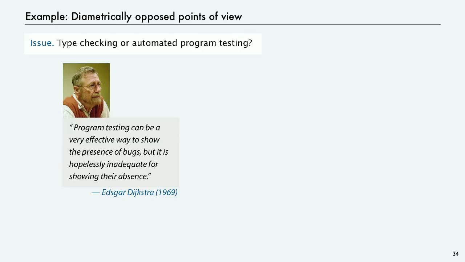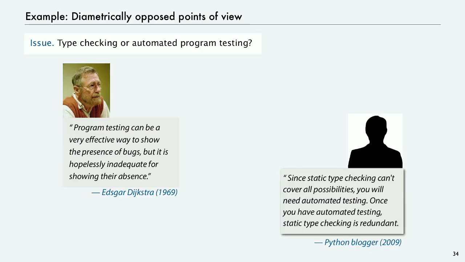It can be a very effective way to show the presence of bugs, but it's hopelessly inadequate for showing their absence. And Dijkstra was a pioneer in the idea of trying to ensure through mathematical reasoning that programs would be correct. Static typing can really play an important role in that.